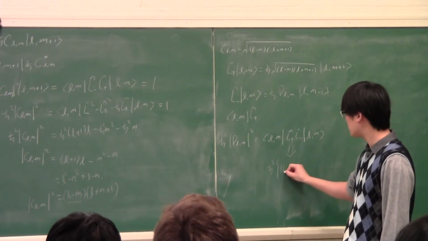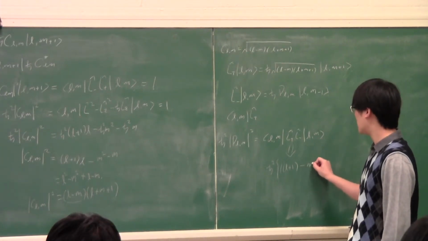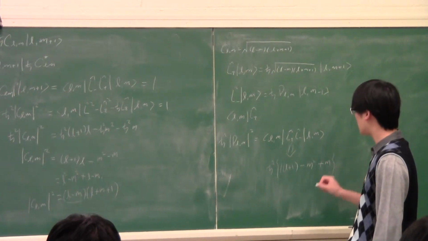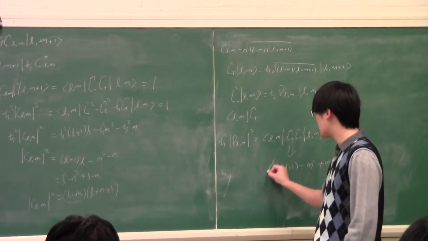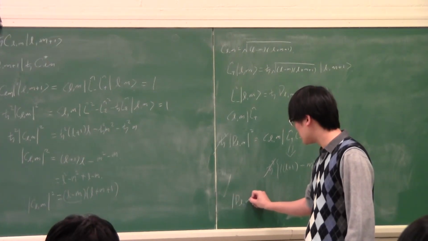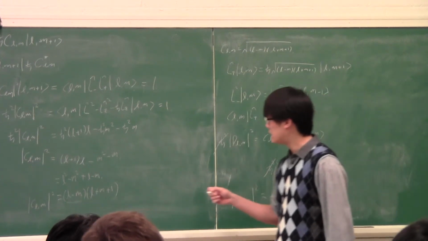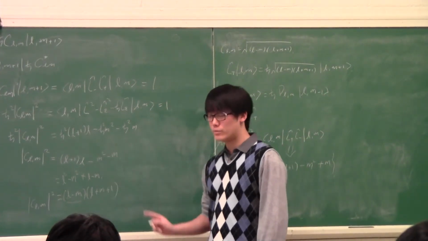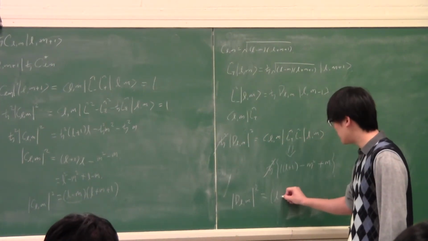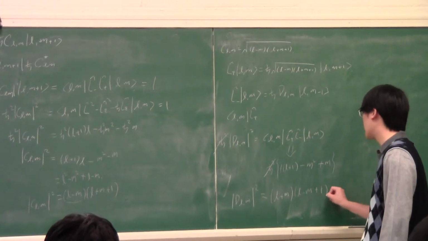So L plus 1 and minus M squared plus M. Right. So now we cancel the h bar squared. Okay. And we get the D_LM. Right, there's a plus sign here, and before we had a minus sign, right? So the plus 1 will go with the L minus M. Right? So this is L plus M, L minus M plus 1.